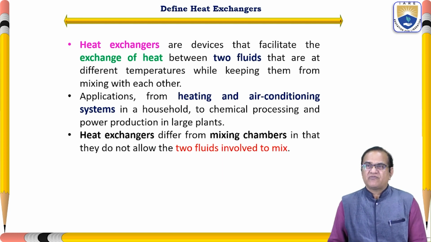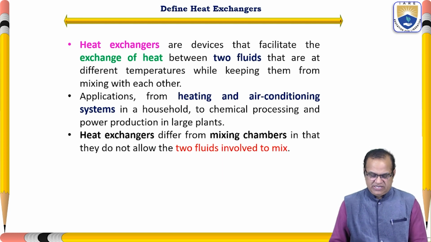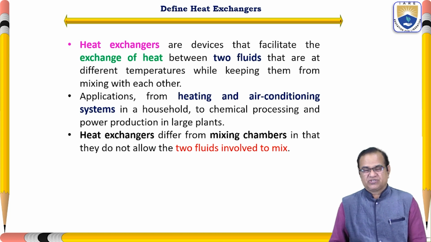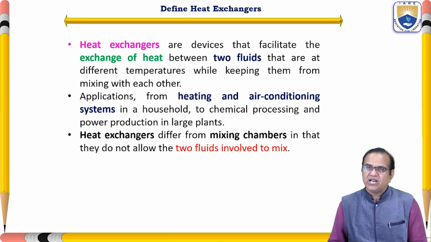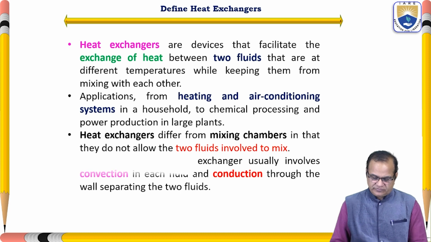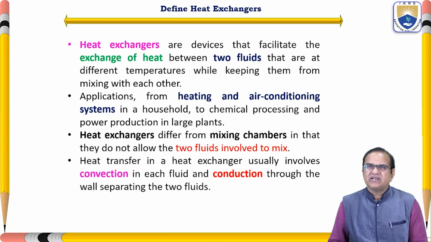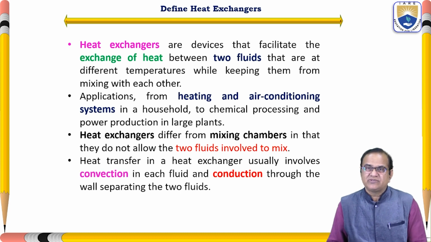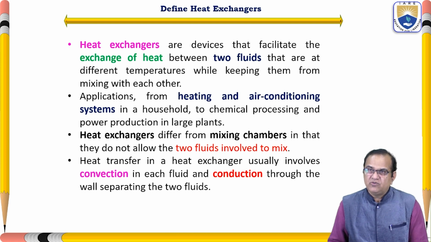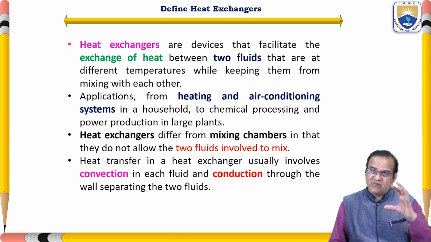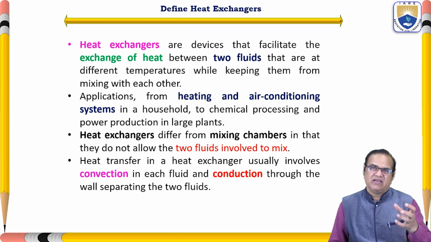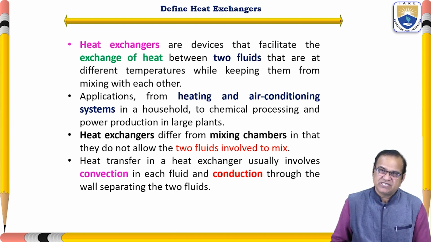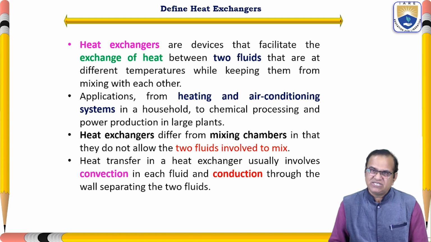Heat exchangers differ from the mixing chamber in that they do not allow the fluids to mix. Heat transfer in a heat exchanger usually involves convection in each fluid and conduction through the wall separating the fluids. So here convection and conduction are the main methods by which heat transfer takes place.